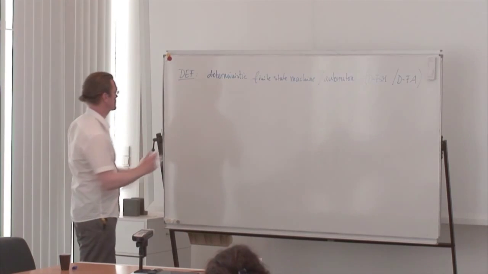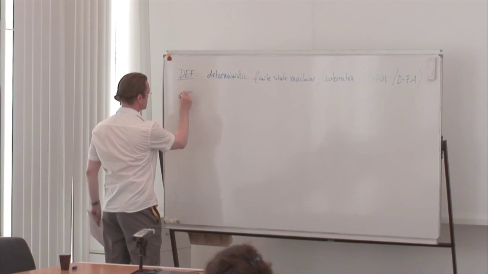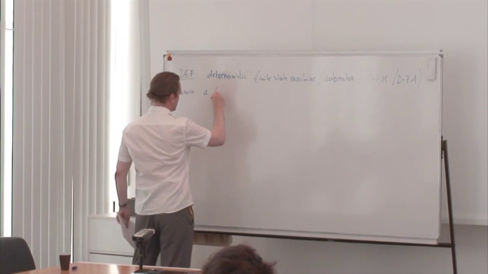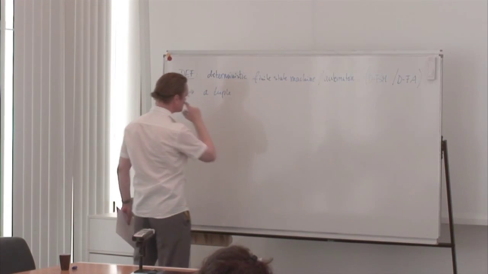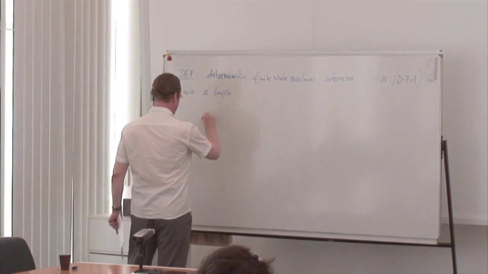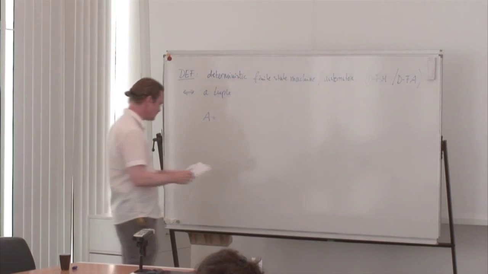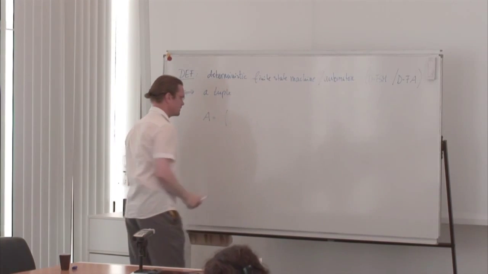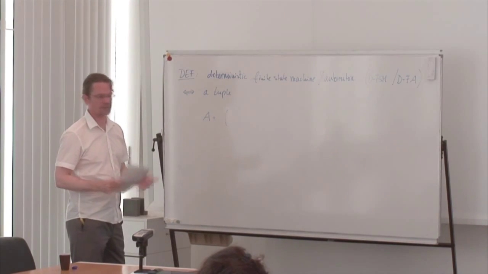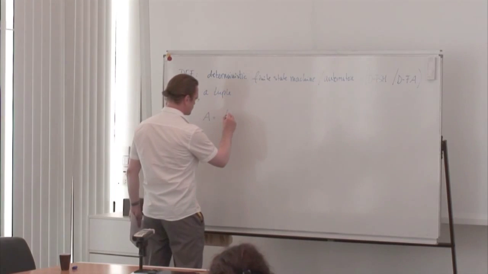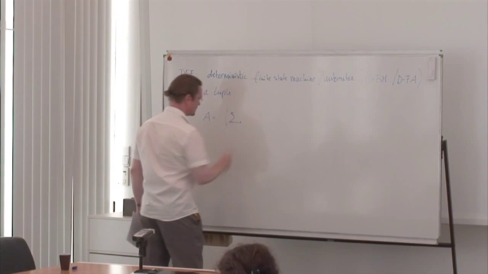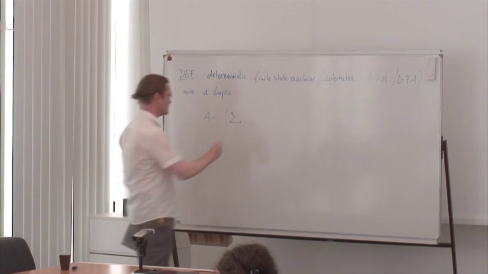Such a finite state machine is, we discussed that last time, a tuple. And I will call this tuple A as in automaton. It consists of 5 elements. The first one is a set sigma.